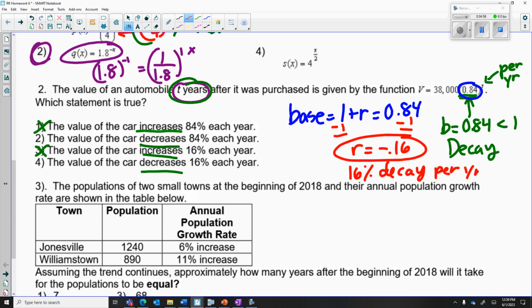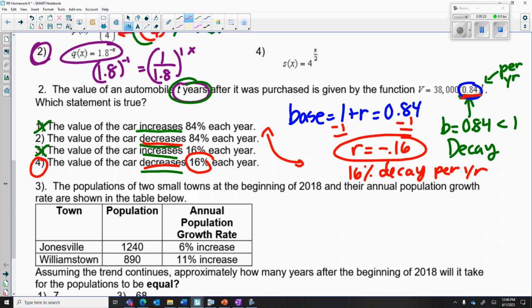So the answer to the question is choice 4, 16% of decay. So even if you had graphed that in y equals, you would have seen that it was going down, and down means decay. So at least you could have been down to choice 2 and 4, and then you could have thought about that. The amount that actually remains is the 0.84. That's what is maintained, and then the amount that decays is what went away with respect to 1.